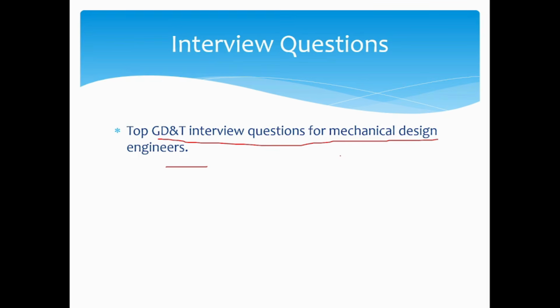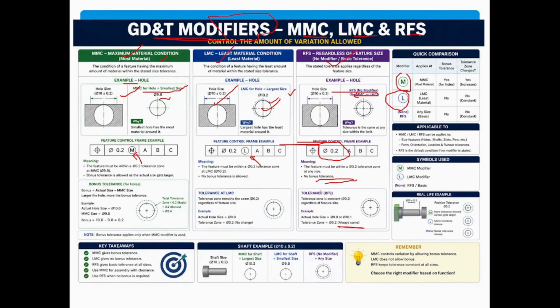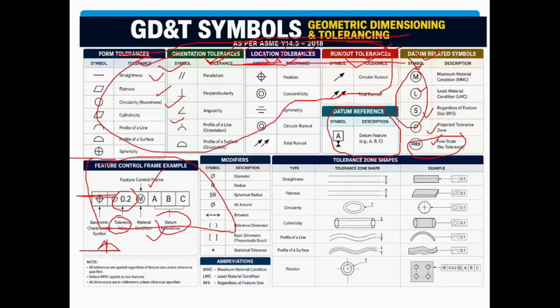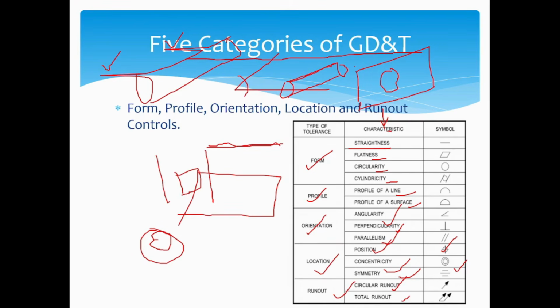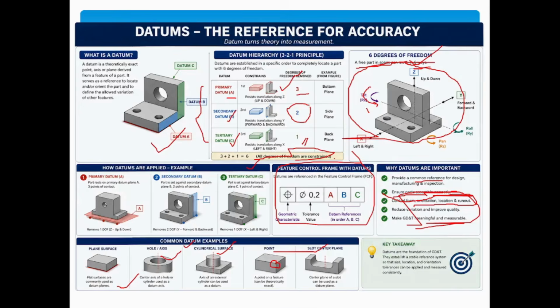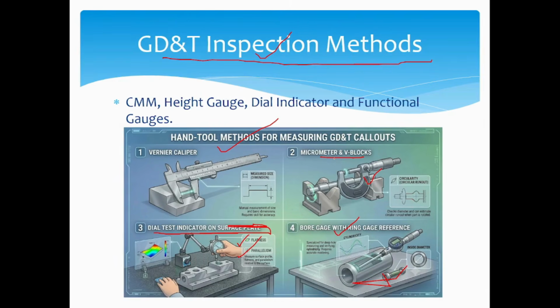Specifically, the repeated question was on this MMC and LMC, because generally we learn or write about the specific symbols, their definitions, and the categories, but we usually ignore this M. So if the interviewer wants to know whether you just learned it before the interview or you already know it in depth, he asks about this M or L. So this is a very important topic that we've just discussed.